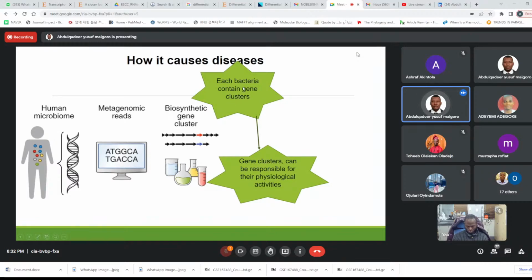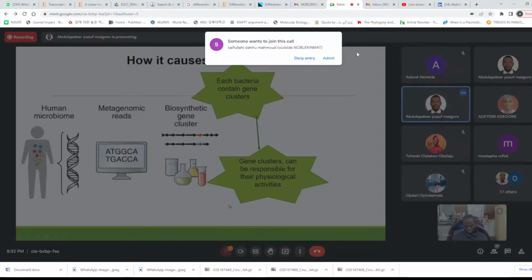So these genes that are found in each bacteria have different roles, and some of them are responsible for some physiological activities. For example, some genes are responsible for metabolite production.